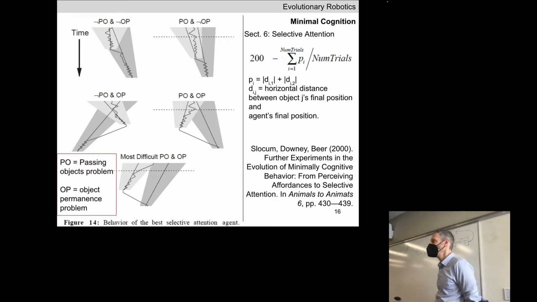Trying to go between the objects, like discern which one to go for. Right, it's trying to decide. You can see it jinking back and forth underneath both objects. It looks like it's trying to decide which one to go after. And it doesn't really seem to, quote unquote, make up its mind until just in time, right?